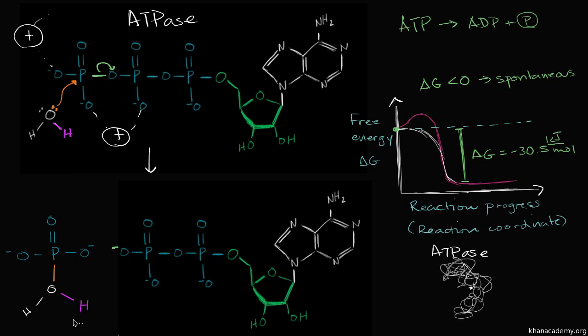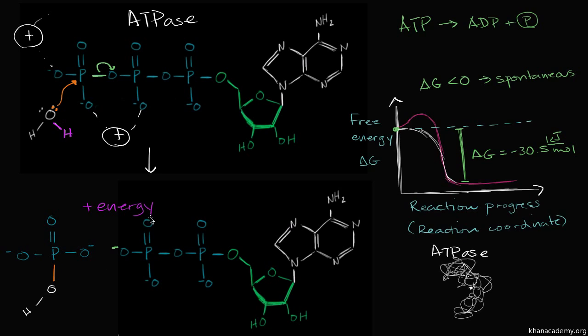But this could get nabbed by another water molecule, becoming a hydronium ion, which is actually what's going to happen. And then this character takes away this pair of electrons, becomes a negative charge, and we're left with the phosphate group having been broken off, and then we have our ADP, and we have a release of energy.